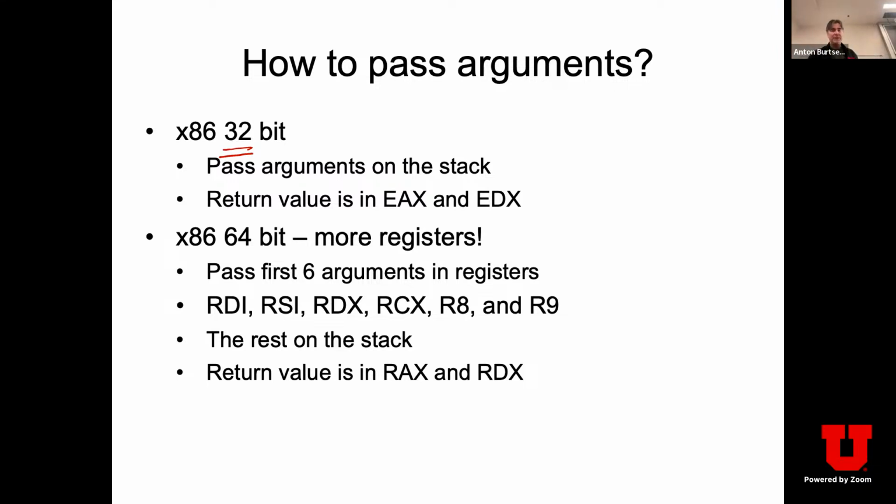But good. So this convention passes all arguments on the stack and allows returning a value of 2 integers. If it's just a single integer, it just returns in the EAX register, right? So when you have a simple return A statement in your C program, it will be placed in EAX.